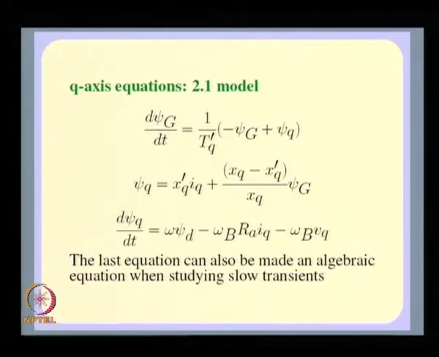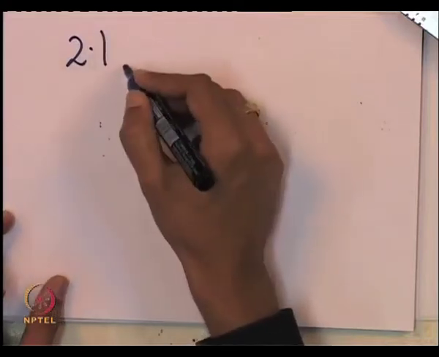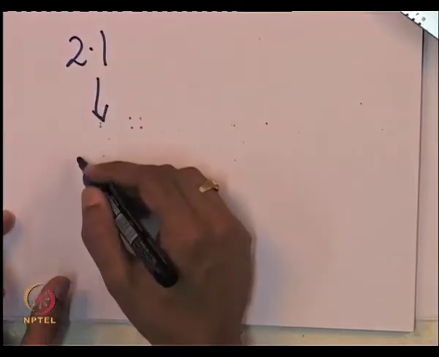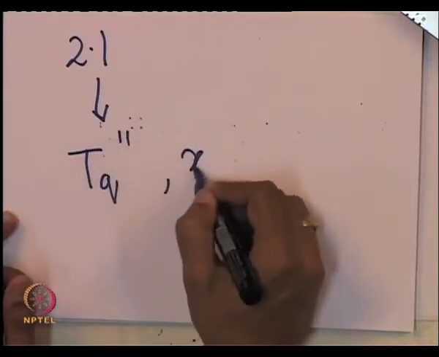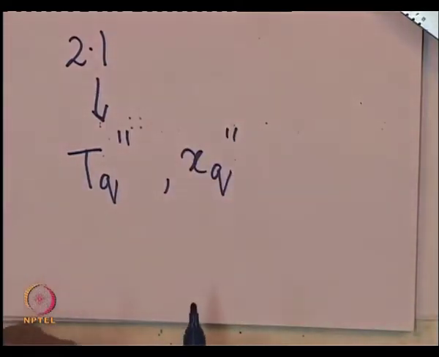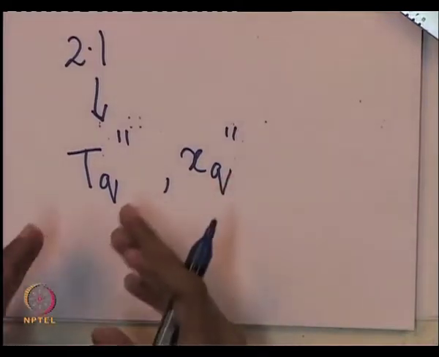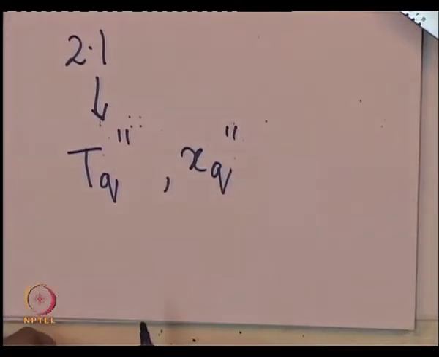The algebraic equation relating psi q, I q and psi g becomes much simpler, and you will notice that x q double dash no longer appears in this equation. So, for this particular 2.1 model, you will not require one time constant and one reactance.